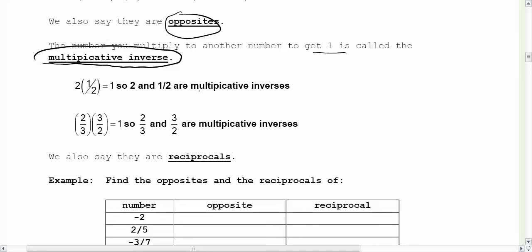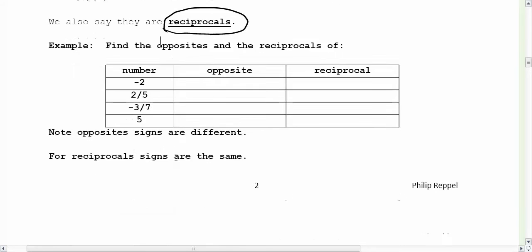So 2 and 1/2 are multiplicative inverses. 2/3 and 3/2, when you multiply these together, you'll find out that you have multiplicative inverses because they multiply to 1. So we call these things reciprocals of one another. When you multiply two numbers together and the product is 1, we call them reciprocals. So let's go through a couple of examples here.